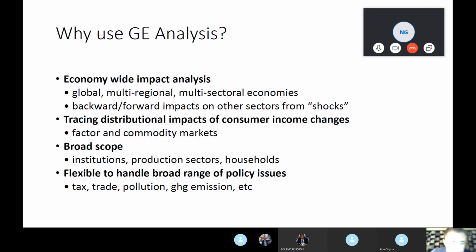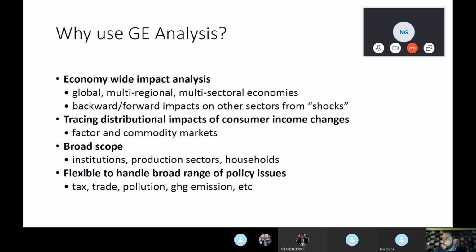The third reason is that general equilibrium models have a broad scope: all households, all production workers, all markets, and so on. Fourth, they are flexible because we can cover several policy areas, like environmental simulations, to examine the effect of greenhouse gas emissions, pollution, imposing carbon taxes, for instance.